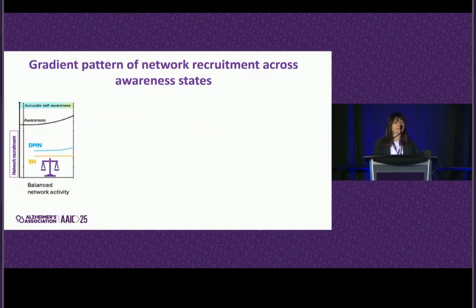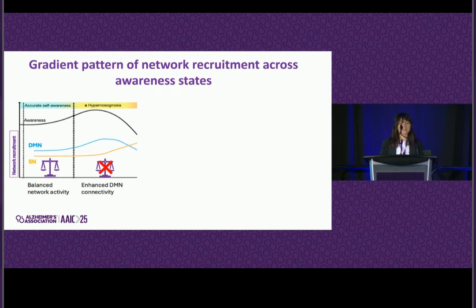So our results show that there's a gradient pattern of network recruitment across awareness states. We have a balanced network activity between the default mode network and the salience network in the accurate, normal self-awareness state. And if we look at hyper-awareness, we see an imbalance between these two networks, and we see an enhanced DMN, default mode network, connectivity.